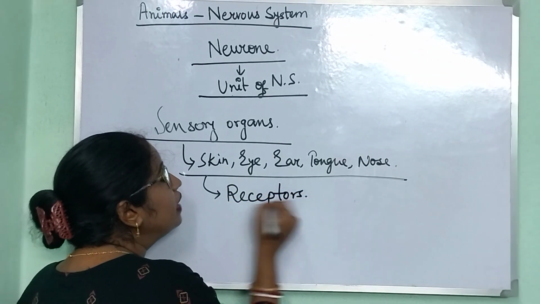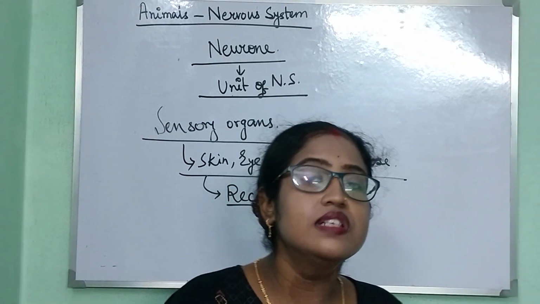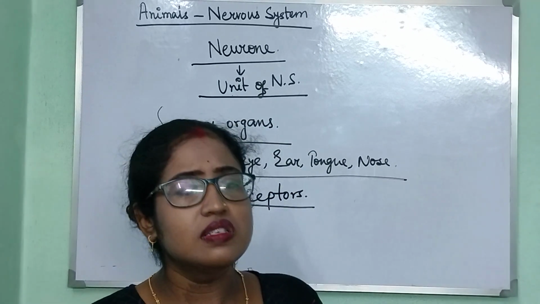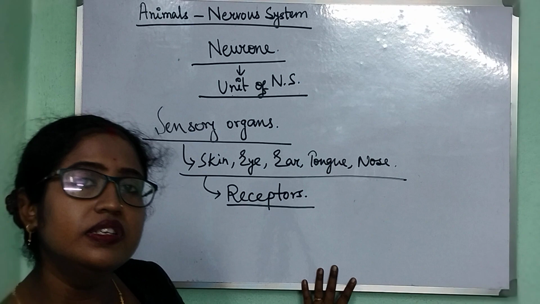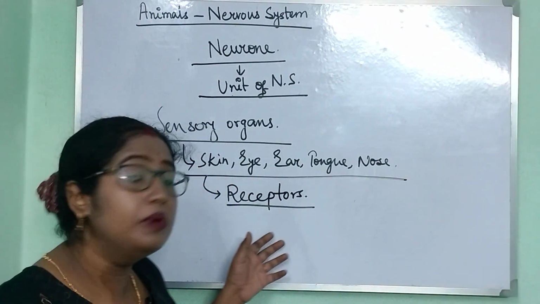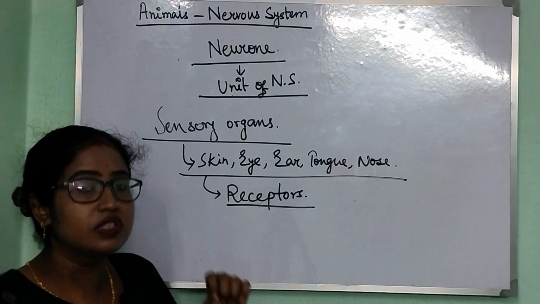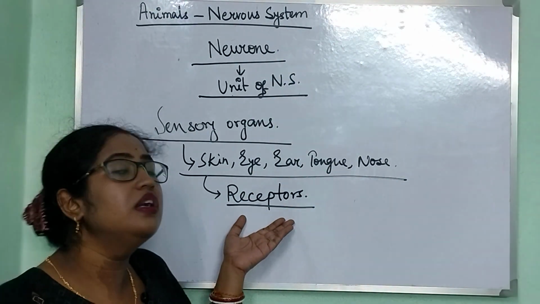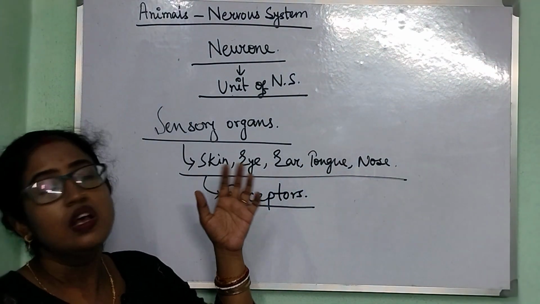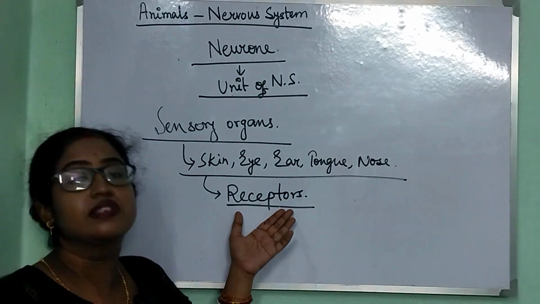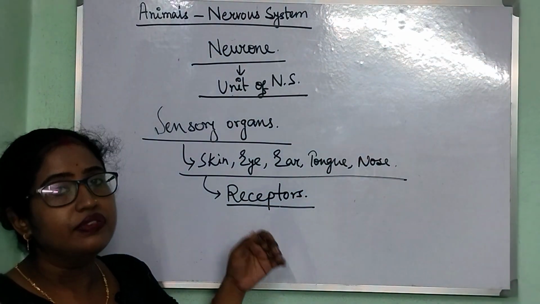Receptors are nothing but cells, or clusters of cells, or tissues, located in different kinds of sense organs. They receive or sense the stimuli and proceed with them further into the nervous system.